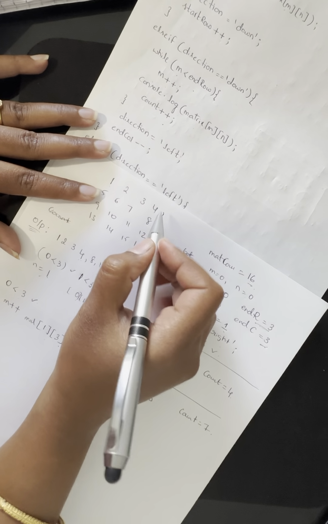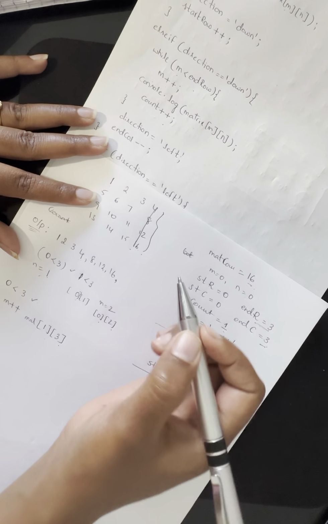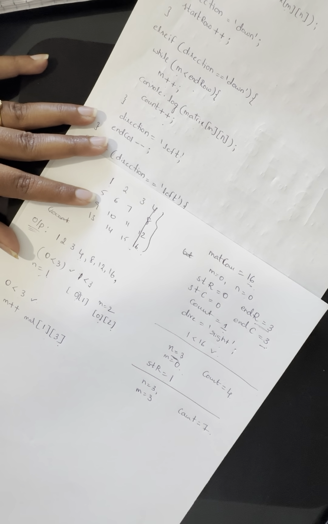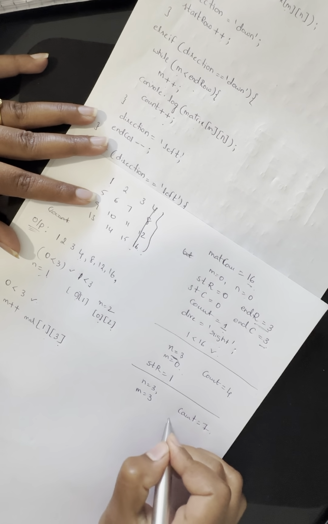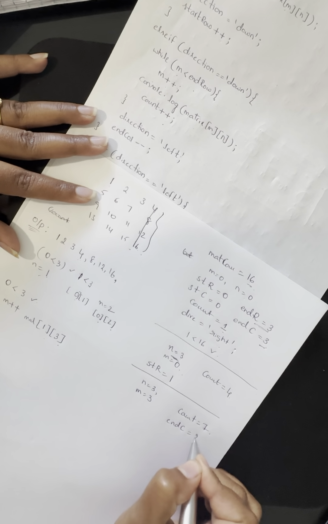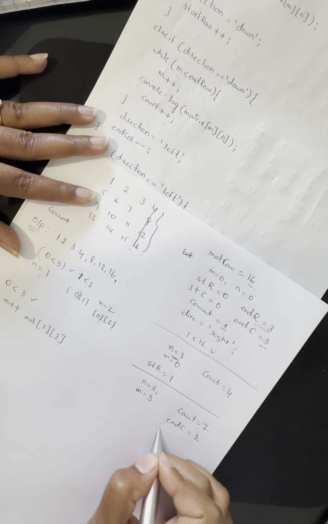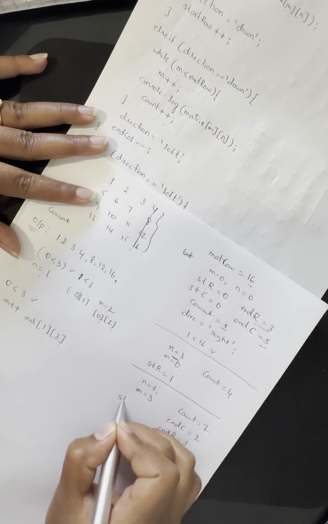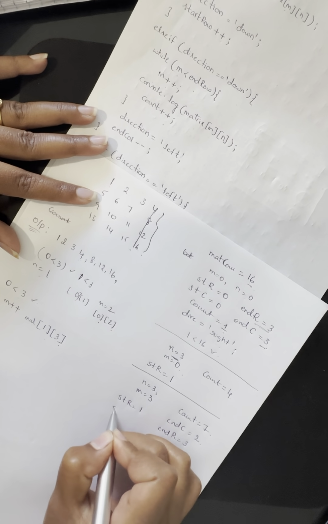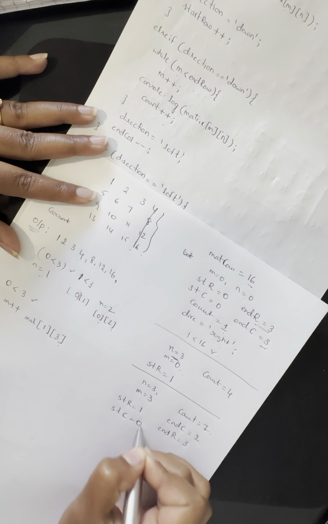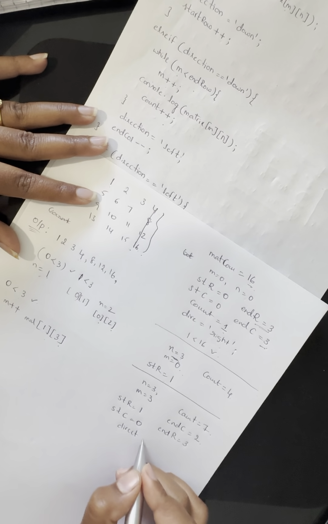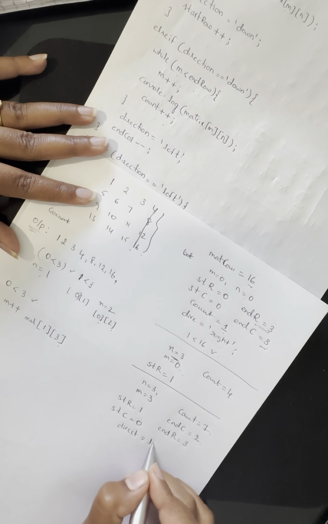Since we finished this column, we'll be decrementing the end column. So the end column becomes 2. End row is still at 3 and start row is at 1. Start column is at 0. And we'll be changing the direction to left.